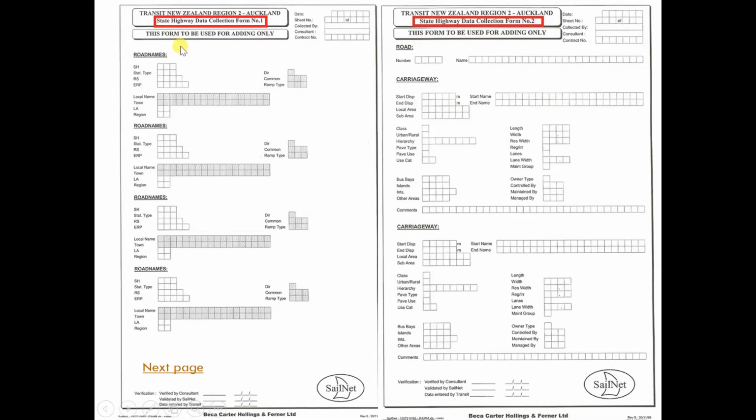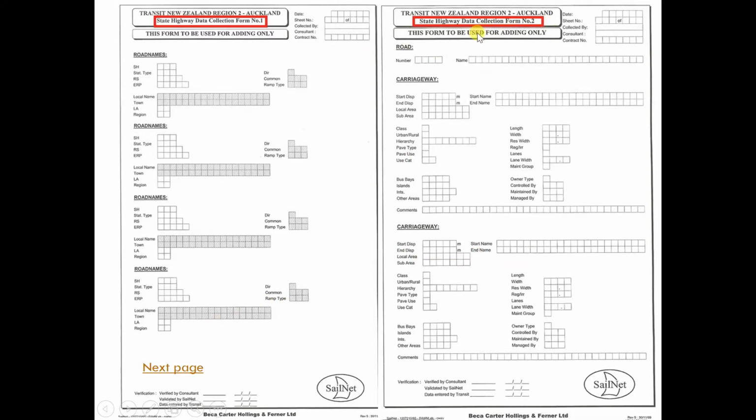This is from Transit New Zealand, which is the predecessor of the NZTA. The first form is an inventory. You have to put in the road names if you do the survey for those roads, the road names, and then the carriageway.